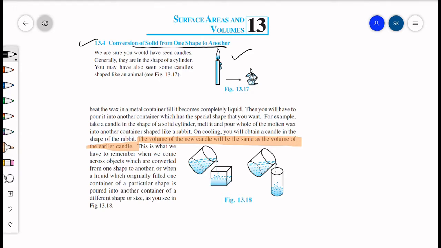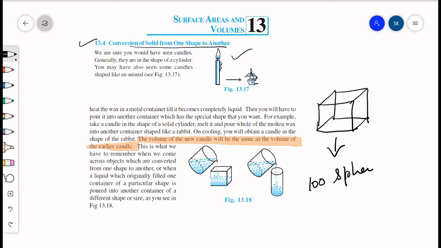Suppose, for example, this is your metal cube and you melt this cube to get 100 spheres. I can't draw 100 here, but just suppose these are 100.